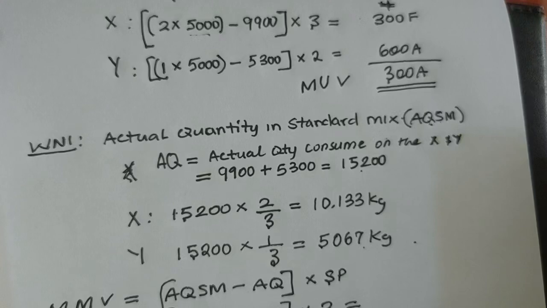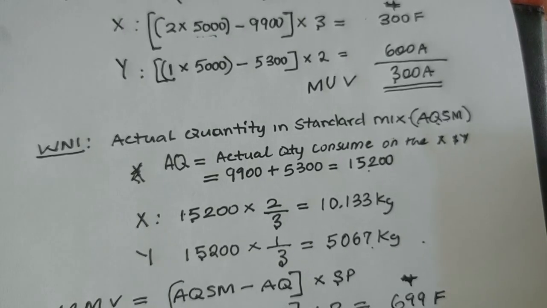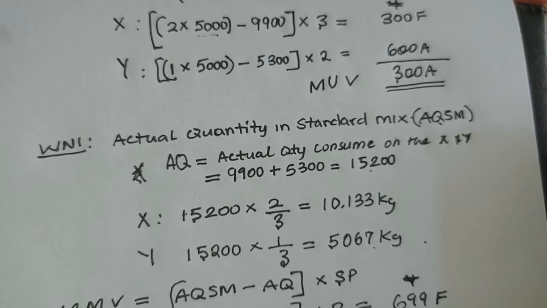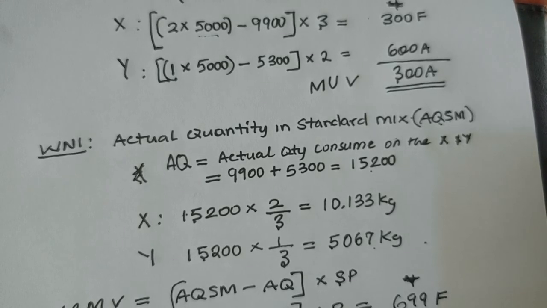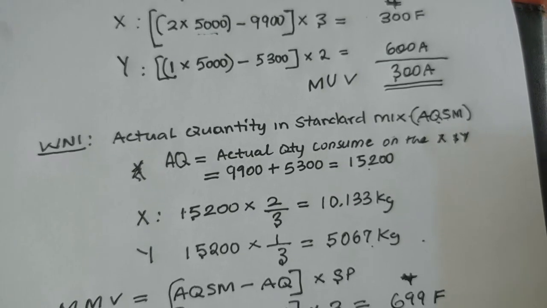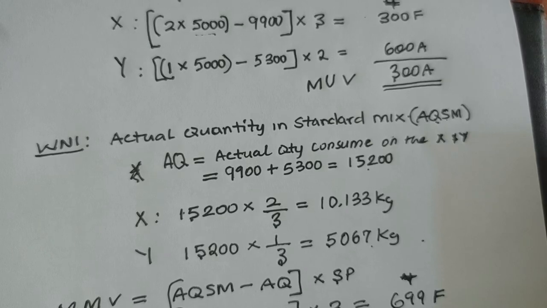Okay, all right. So for X, you have 699 favorable. When you manipulate this for Y, it's going to give you a negative 466 adverse. So you add the two together: 699 minus 466.